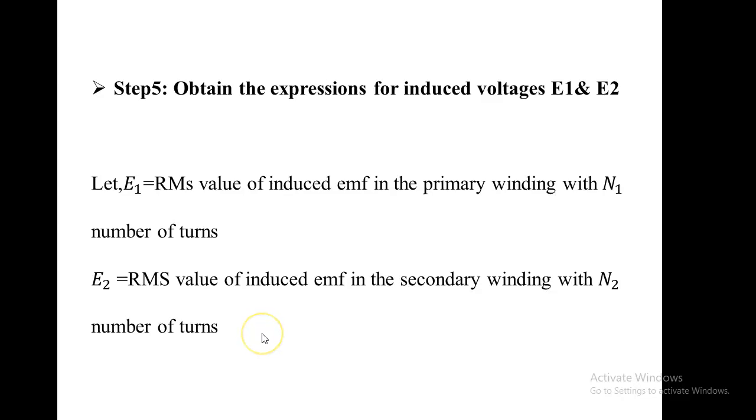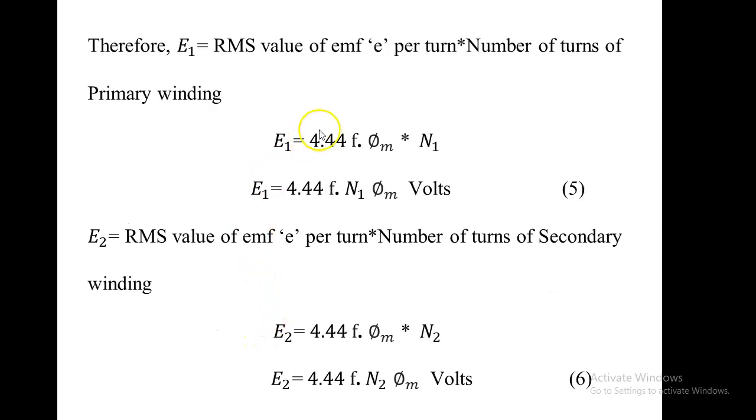So now, to obtain the induced EMF, what will we consider here? Induced EMF across the primary winding can be found by taking the product of the RMS value of EMF per turn multiplied by the number of turns of the primary winding.